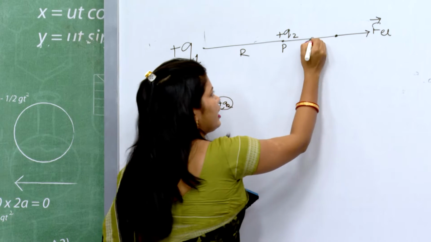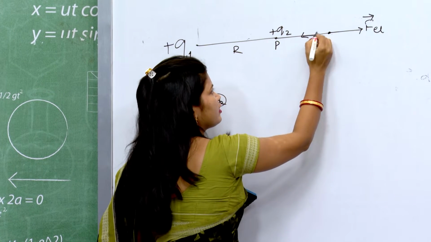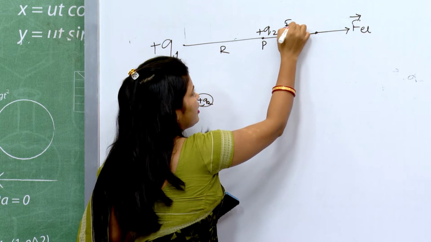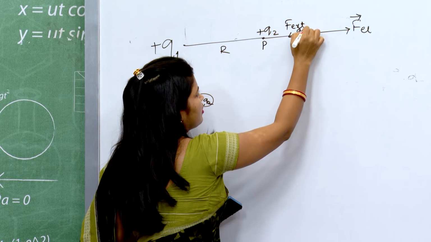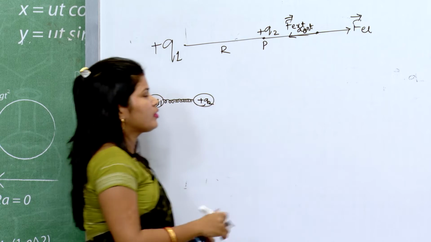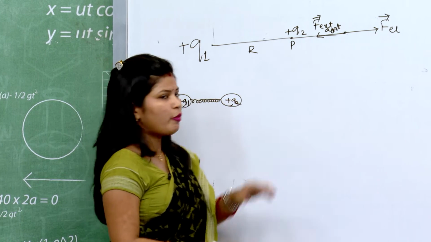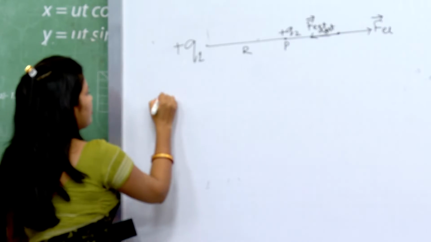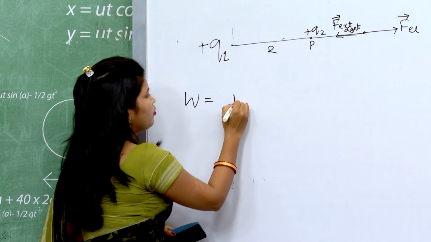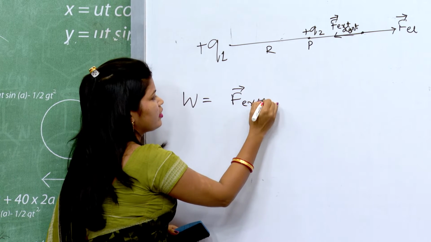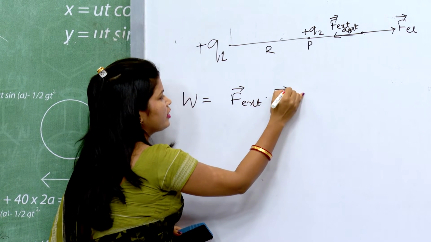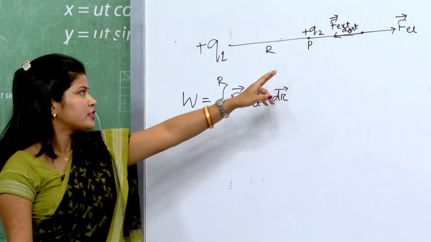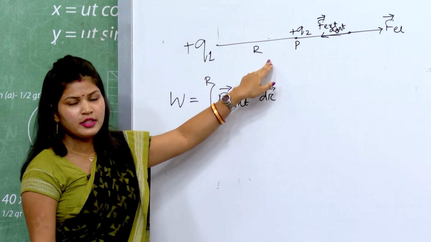and my force, that is the external agency, you can say. So, the same force I will apply, that is the external agency, and the work done W is equal to the integral of force due to external agency dot dr from infinity to r, because I am bringing this charge from infinity to this distance.